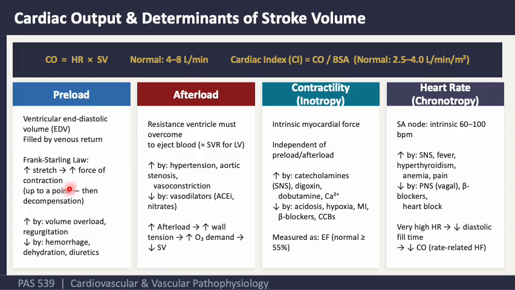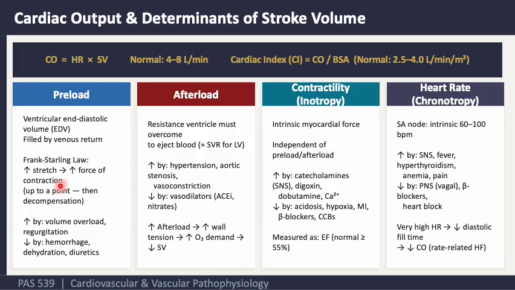It is most affected by the Frank Starling law, and that law simply states the more the heart is stretched, the more force there's going to be in the contraction, up to a point, and then there's decompensation.